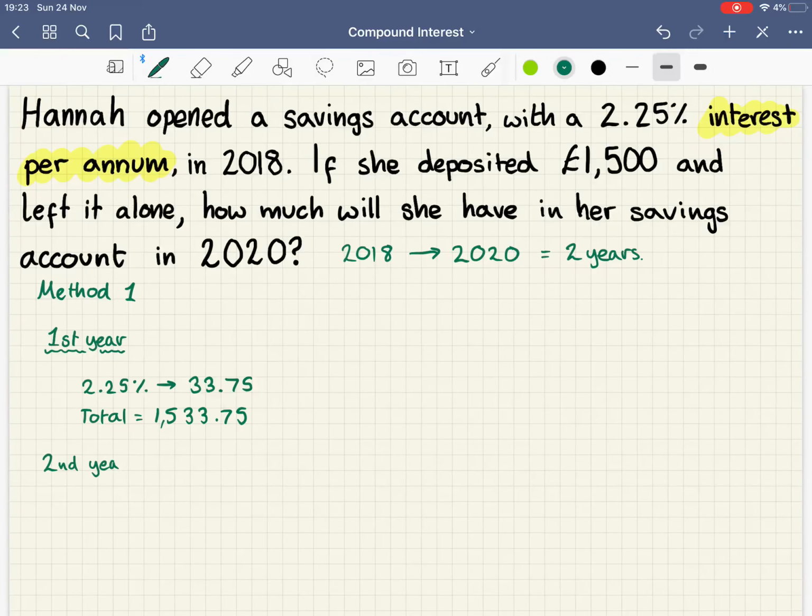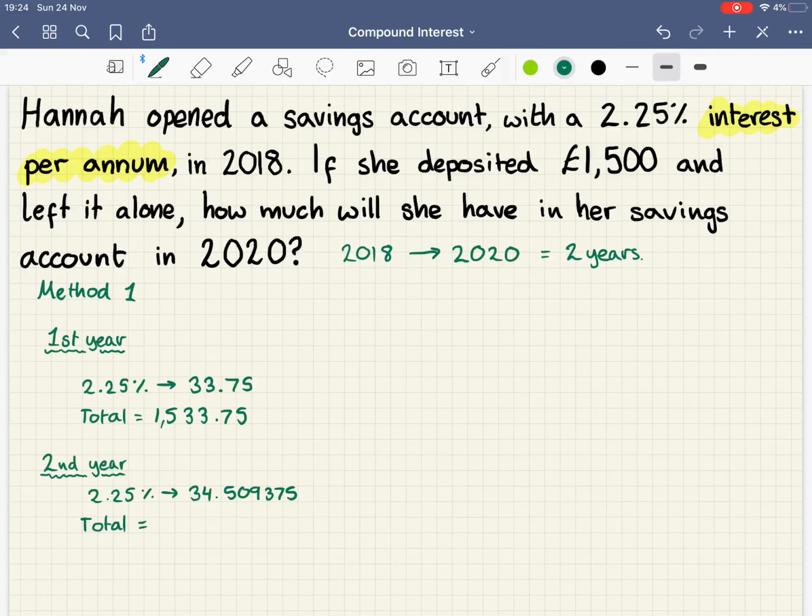And then the second year, again, finding that 2.25%, you will now have 34.509375.